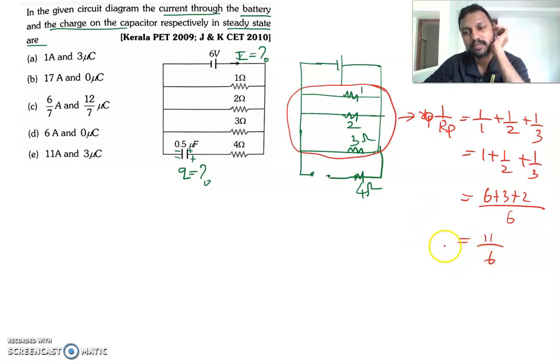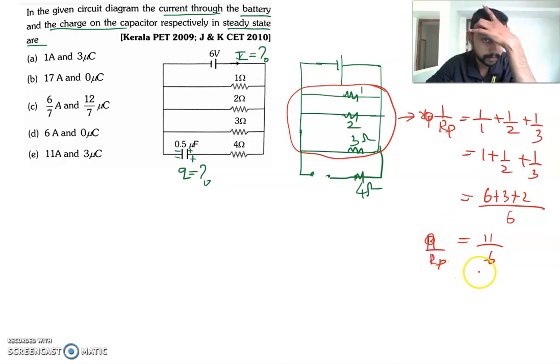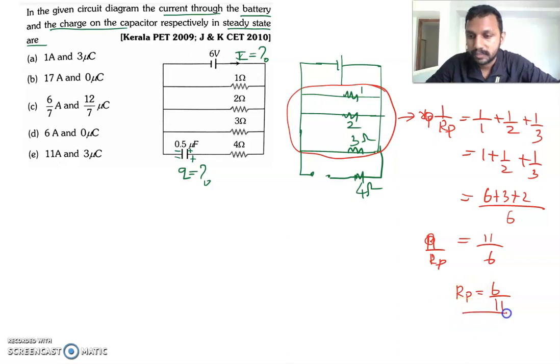Okay, then we have obtained the 1 by Rp value as 11 by 6. Then Rp is equal to 6 by 11.